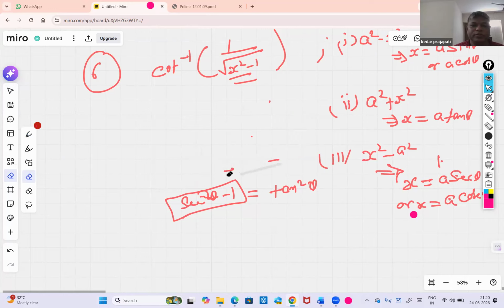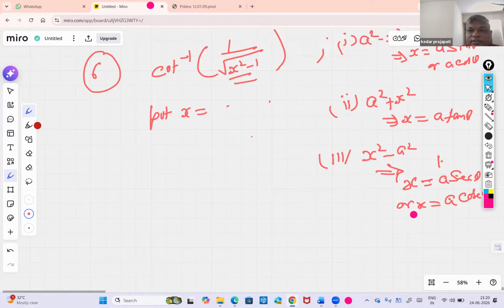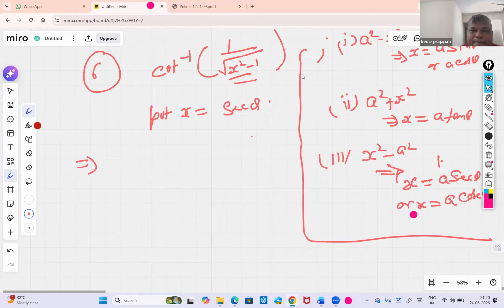My only substitution is x equal to sec theta. Please note these things down, ladies. This is quite important, else questions will not be solved.